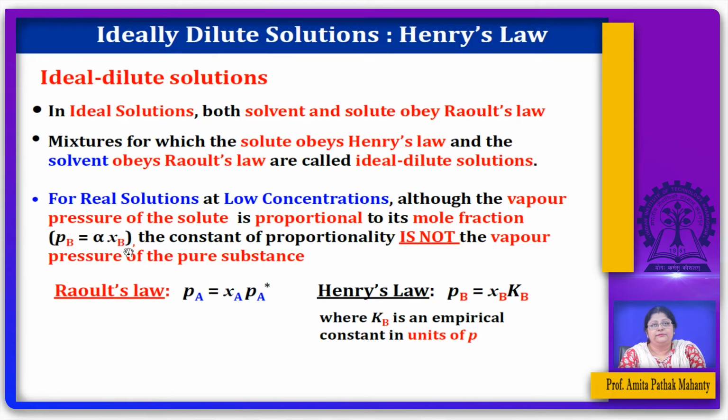But this constant of proportionality, or the slope of that curve, is not equal to the vapor pressure of the pure substance. With Raoult's law, the partial vapor pressure of component A is proportional to the mole fraction of component A, and the proportionality constant, or the slope of that plot, is nothing but the vapor pressure of that component in the pure state.